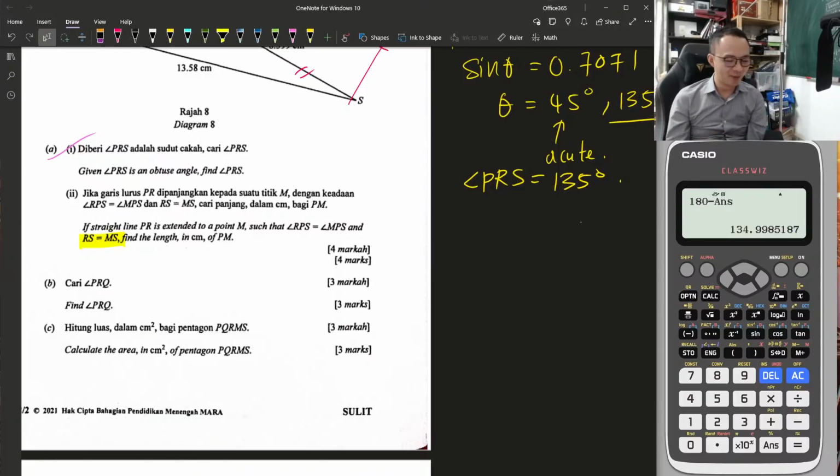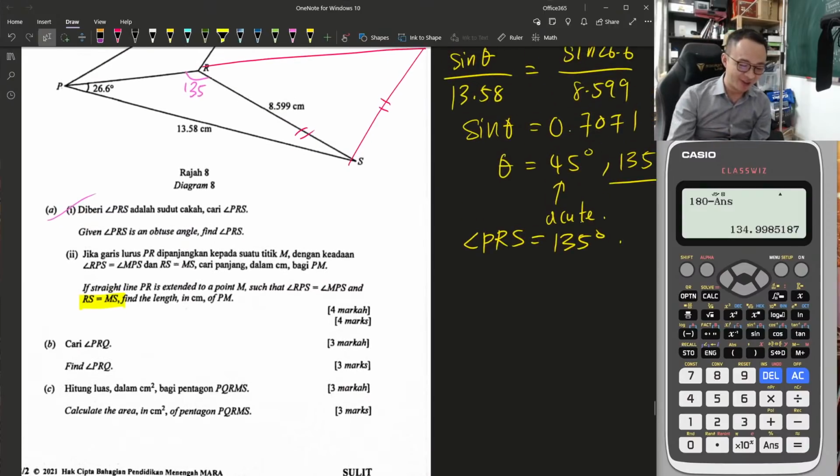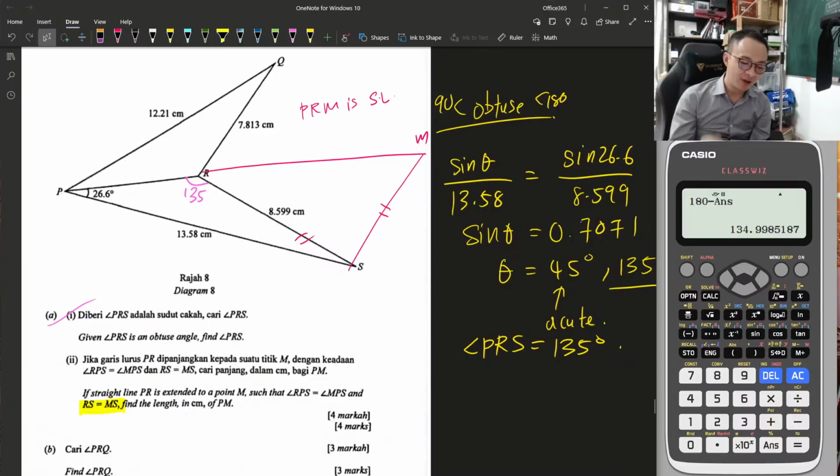Okay, so they asked me to find PM. If here is 135, here will be 45, then here will be another 45, then here will be 90 degrees. If this is 90 degrees, then it's easy for me to find RM, because RM is the hypotenuse, isn't it?